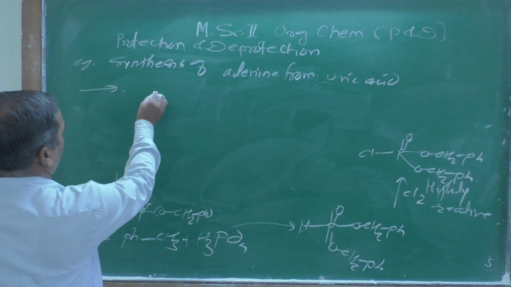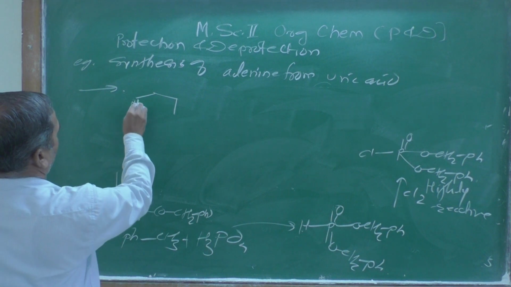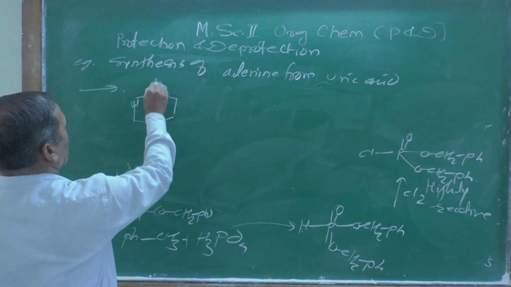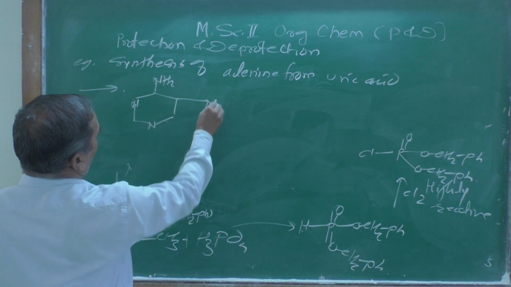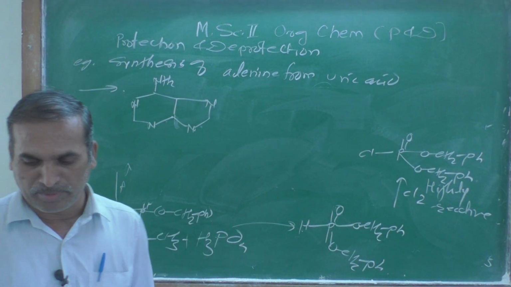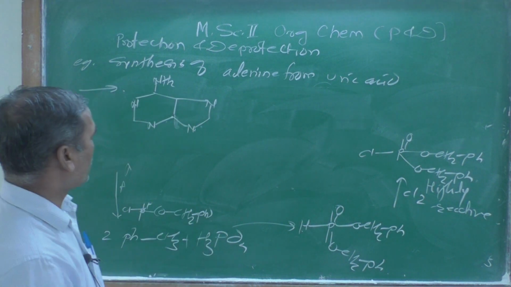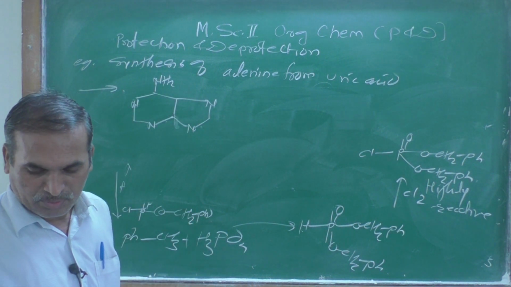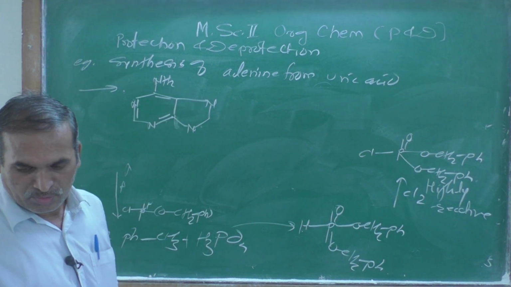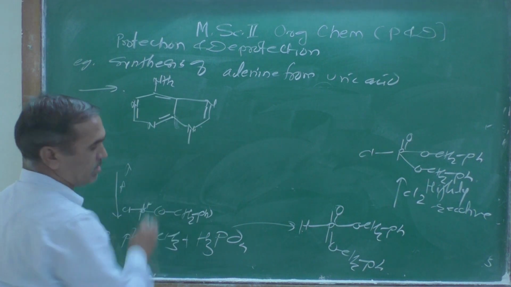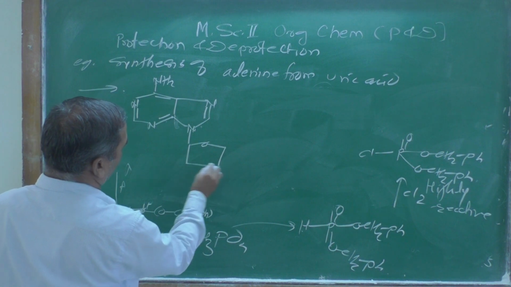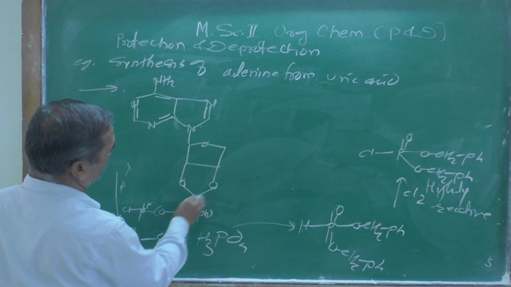So this is nothing but this one, N, then N. Look at over here, this is an NH2, 5-membered ring. Always remember the nitrogens in both the rings, the 5-membered ring as well as the 6-membered ring, are present at the 1,3 position, and then the double bond over there, here a double bond, and this is joined to the sugar unit like this, and there will be this acetone.